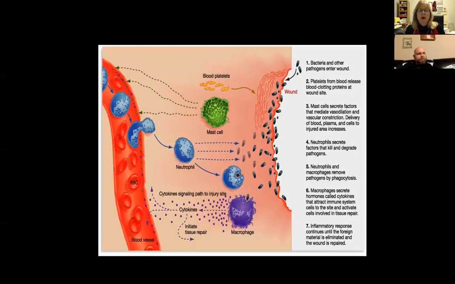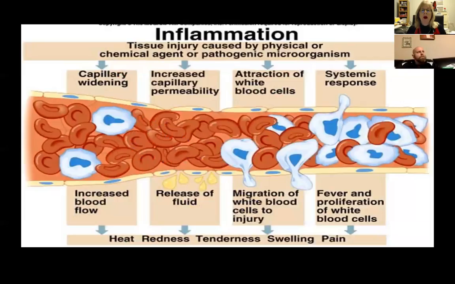They help to repair the tissue, but they also cause a lot of inflammation. That's where our neutrophils and our macrophages work together to improve the body's response to what they call a foreign invader.